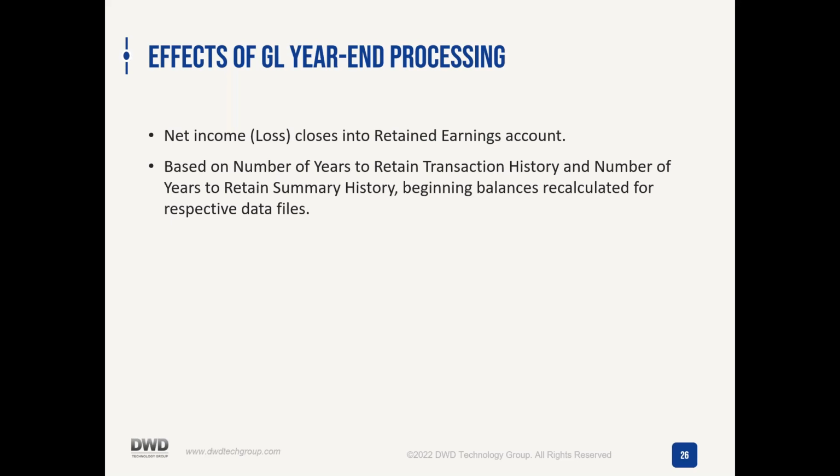So if you're a data nerd like I am, you can go in and look at the data tables and see from one year to the next that beginning balance is actually a field in the data. That number would change based on how much time has elapsed and how much history we are keeping. So some people use certain reporting tools that they need to access what that beginning balance is. Just keep in mind that that actually can change as your history expires.